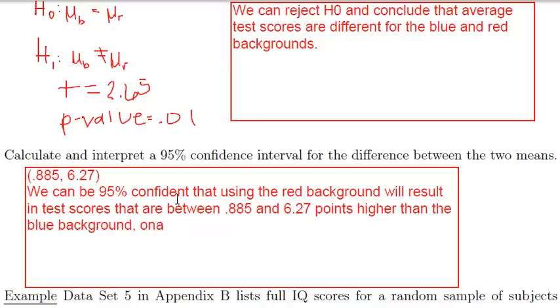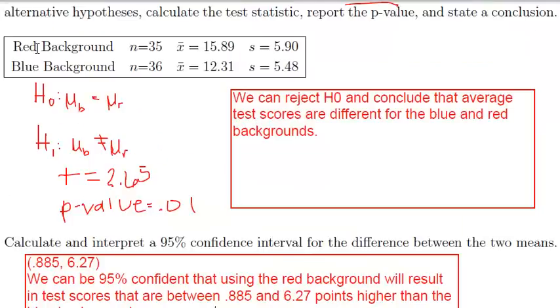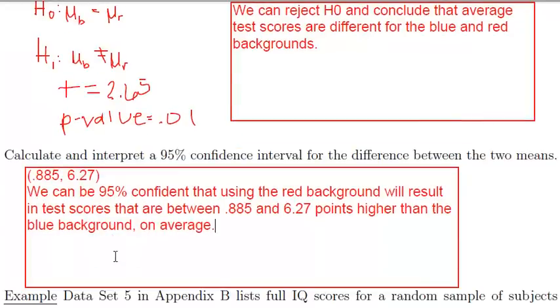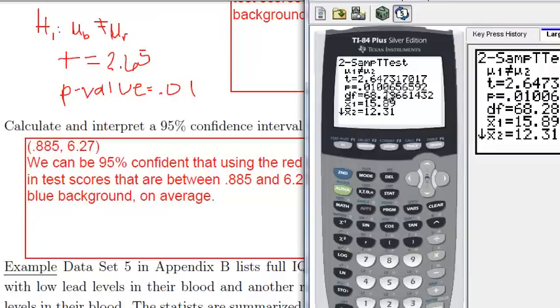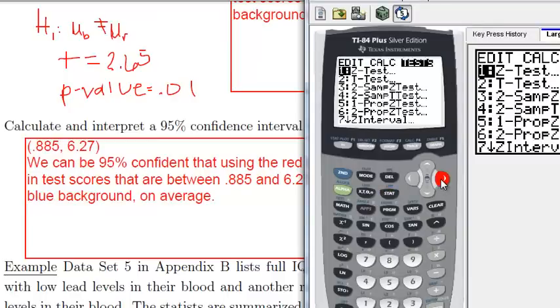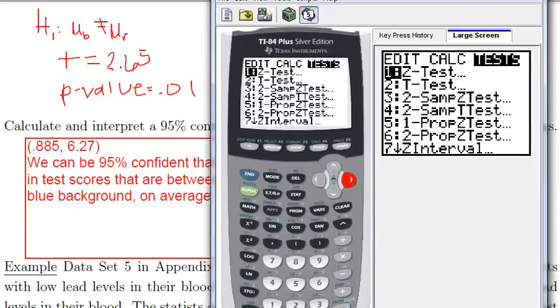And I forgot to use the word average, so I'll just throw that in at the end, on average. Okay, so I'm comparing the blue and red background, and so I want to state which one has the higher scores. And because the red came first and the confidence interval was positive, that means that the red must have had significantly higher scores.